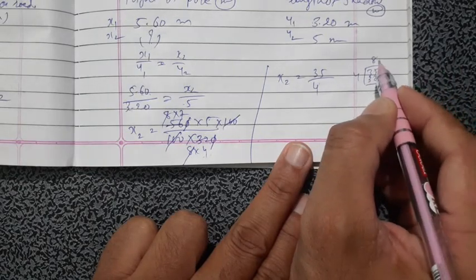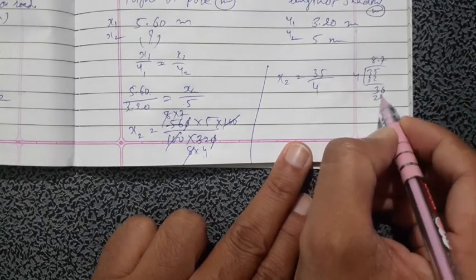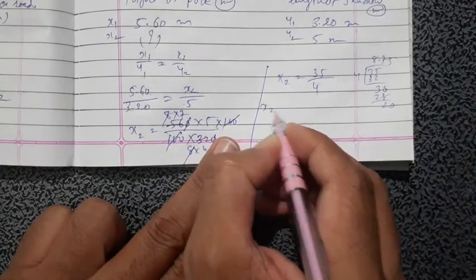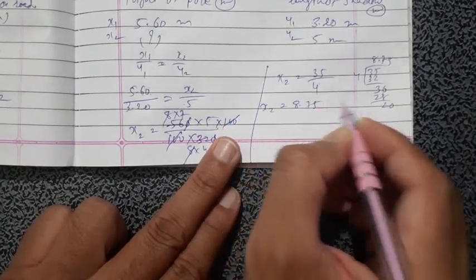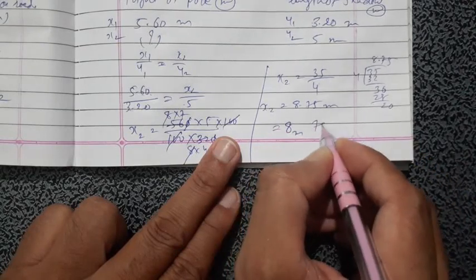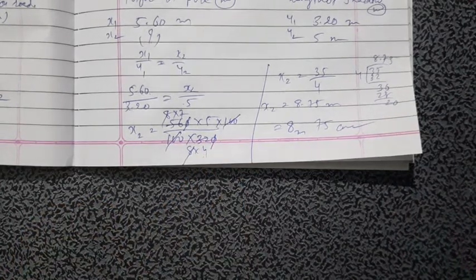Now no number is there, so put the decimal here and 0. 7 fours are 28, 20, 7 fives are 35. That means x2 equals 8.75 meter, that means 8 meter and 75 centimeter. Okay, that is the answer.